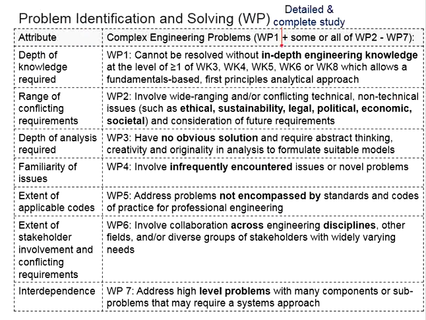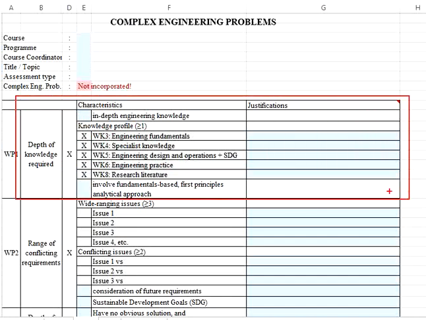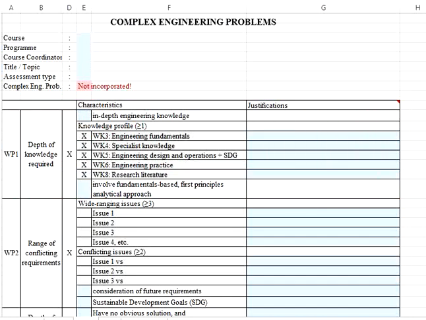Now we come to the justification part. You read between the lines here. You will see three components here. First is about in-depth engineering knowledge. Second is about more than one of these WKs. And then third, you will need to make sure everything comes from the fundamentals and the first principles. You can adopt this form for you to do the justifications.